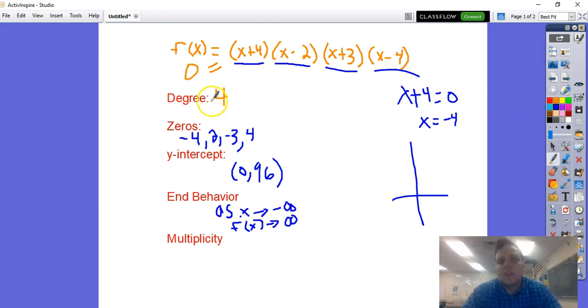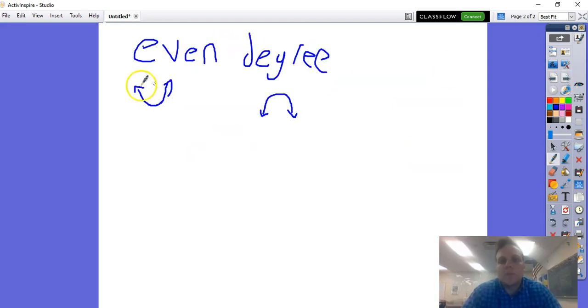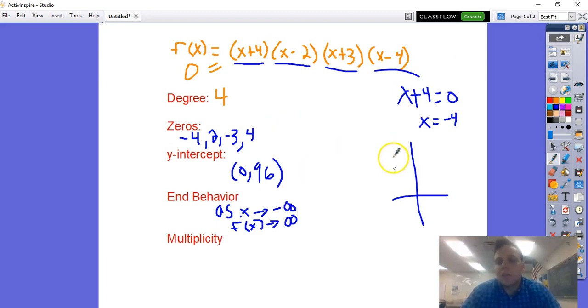Because it was an even degree, there was not a negative coefficient right here, so I can say that it must be up and up. So the ends of the graph looks up and up. I know it might squiggle in the middle, but all that matters is that it goes up and up. And we'll check this on the graph in a second, just to be sure. And then I can say, as x approaches infinity, so in other words, I'm saying when I look to the right side of the graph, I can say that the y value is going up again.